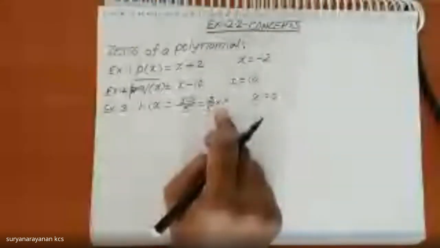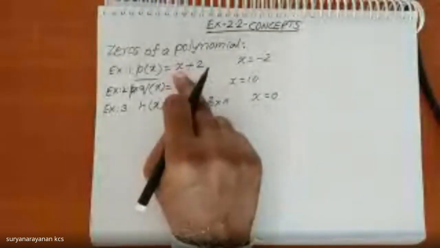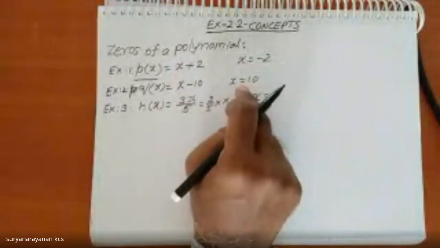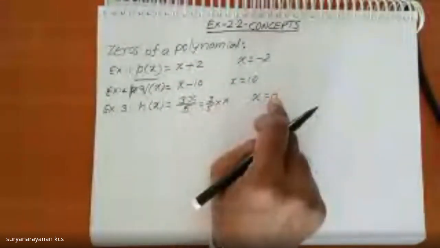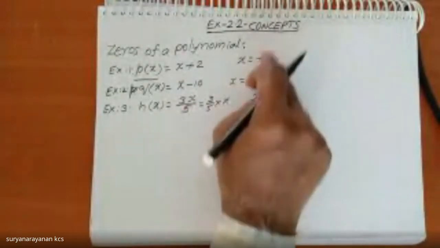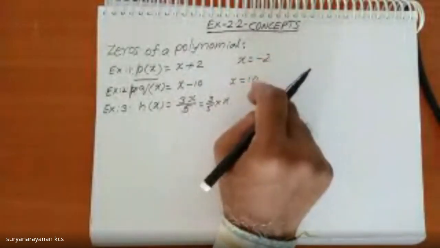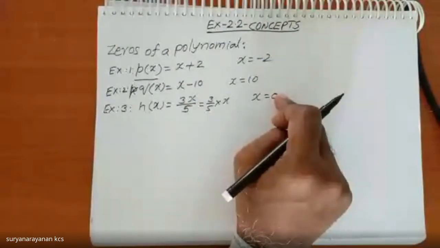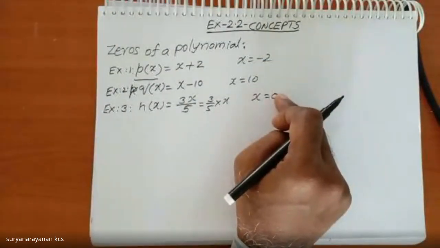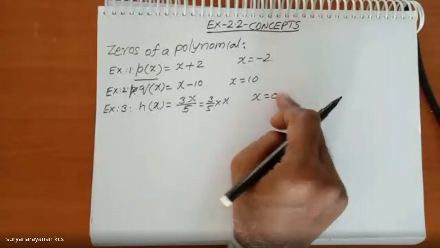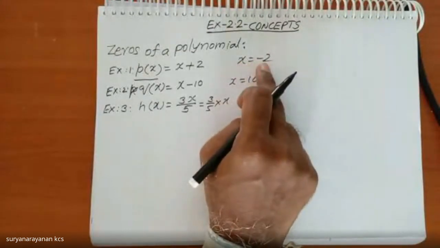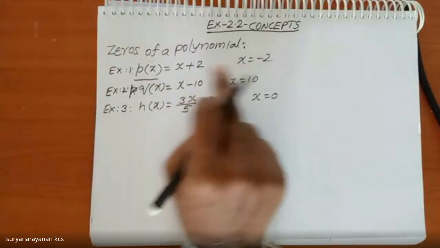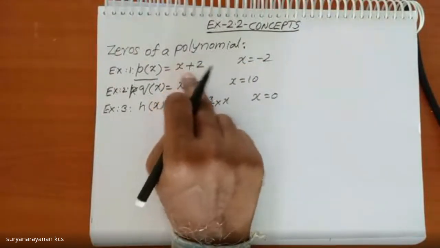Understood this example? In the first example, we got x value is minus 2. In the second example, x value is 10. And in this example, x value is 0. These values, x is equal to minus 2, x is equal to 10, and x is equal to 0, are said to be zeros of the polynomial because by substituting these values in the given polynomial, we get 0.